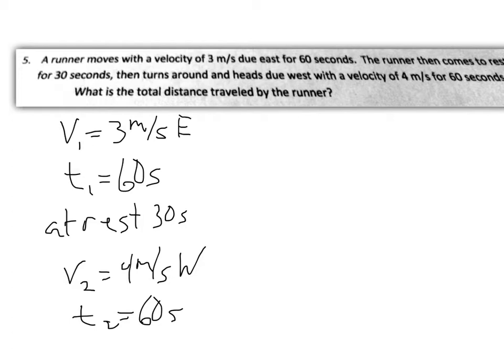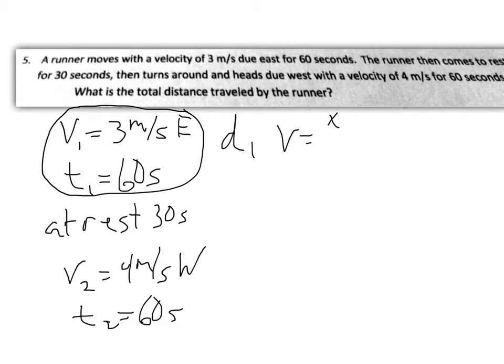All right. Well, obviously we need to know our distance for the first part of the trip. Let's do that. So we're finding d1. Well, we know that velocity is total displacement divided by time. So displacement is going to be velocity times time.